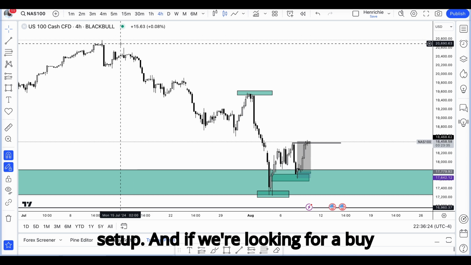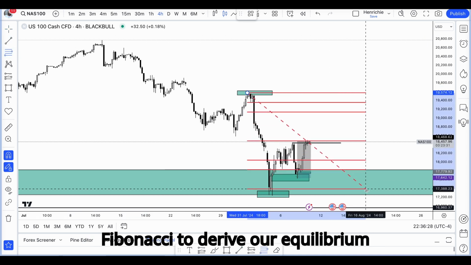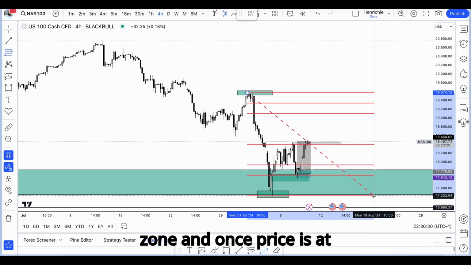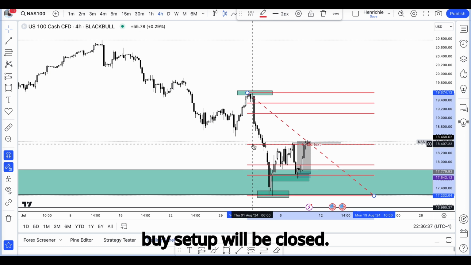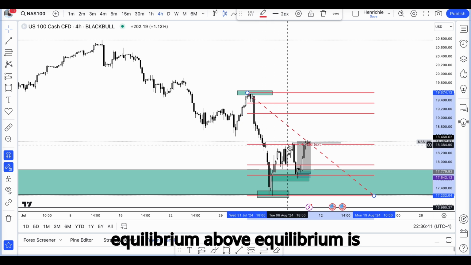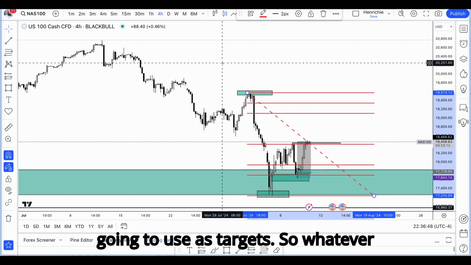And if we're looking for a buy setup, the first thing we do is use the Fibonacci to derive our equilibrium zone. And once price is at equilibrium, that buy setup will be closed. Now, what we'll look for above equilibrium is low resistance liquidity that we're going to use as targets.